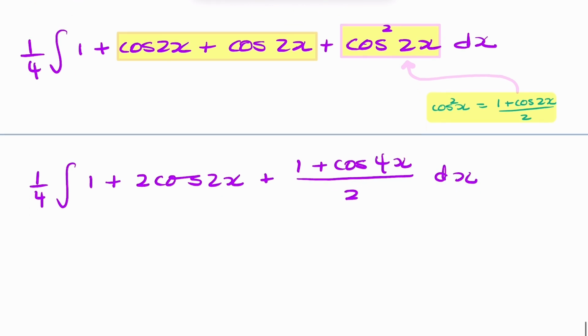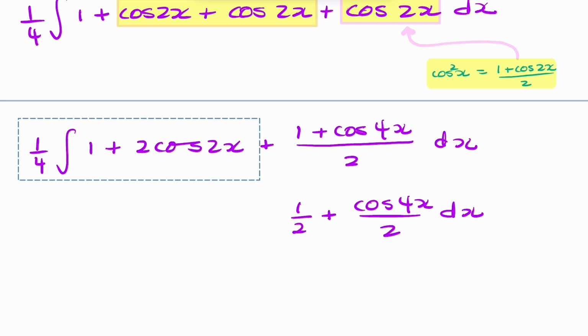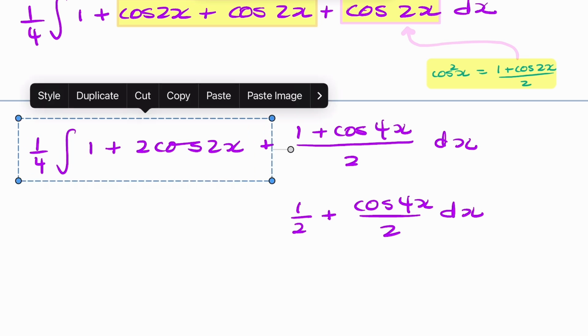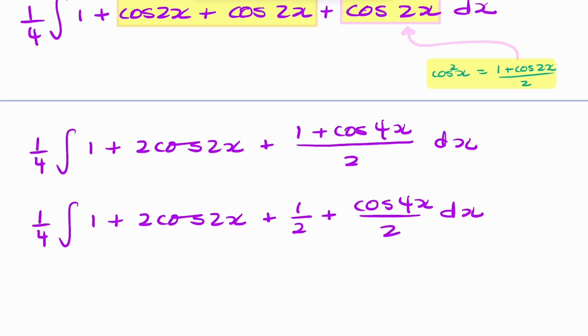dx. So now I think we're ready to integrate. It would be nice if we could split this into two fractions, so I'll just write it out. That's 1 over 2 plus cos 4x over 2 dx. Okay, so that's where we're up to. And it's now really easy because we can integrate the 1, we can integrate the cosine, integrate the half.